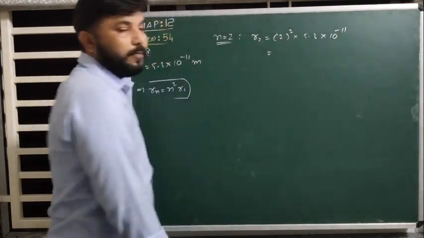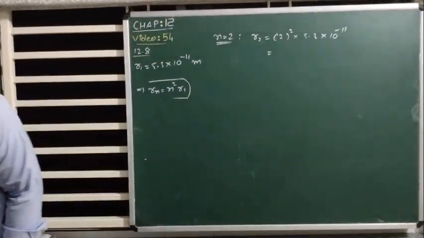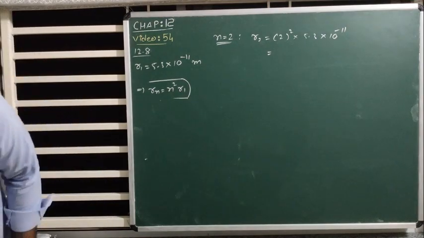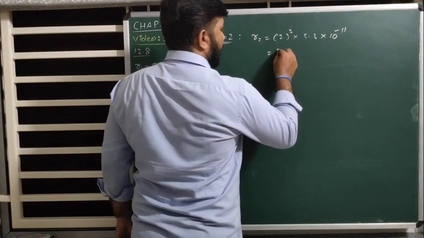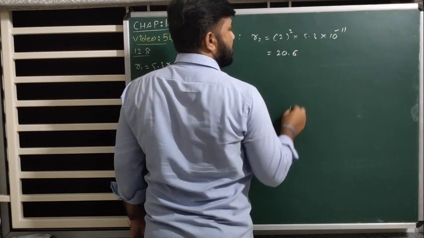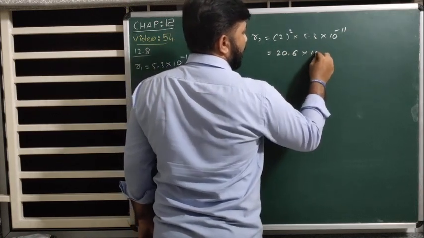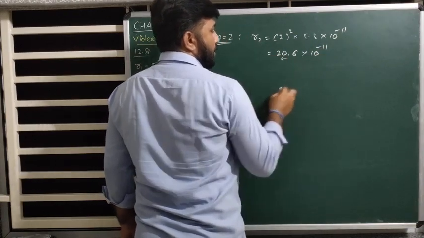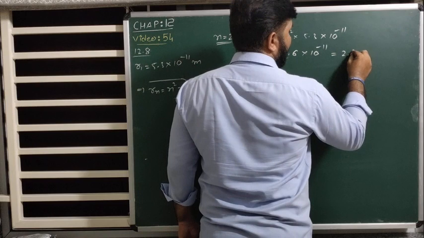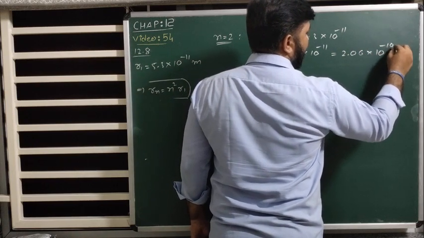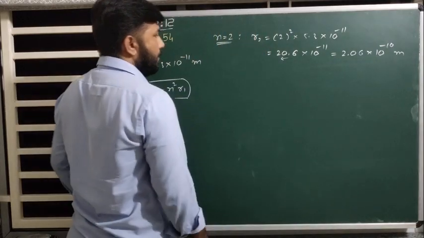So 4 multiplied by 5.3, simple calculation, you will get 21.2, multiplied by 10 raised to minus 11, so you will get 2.12 multiplied by 10 raised to minus 10 meter.